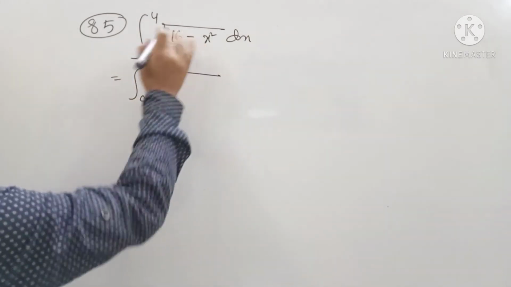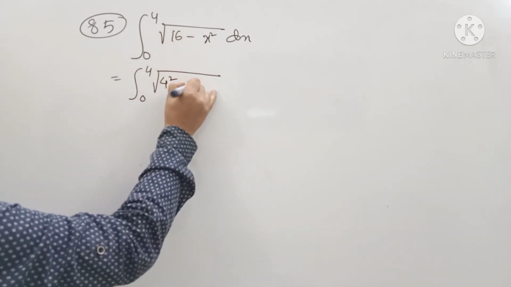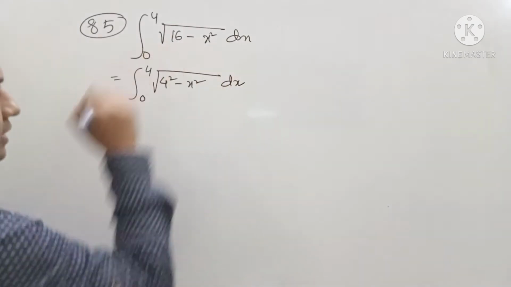Here we can write 16 as 4 square, so root over 4 square minus x square dx.